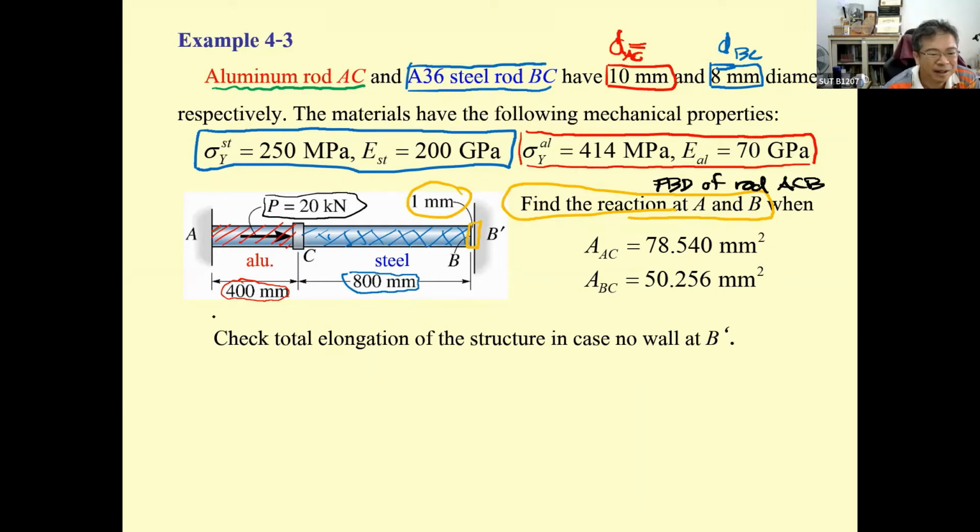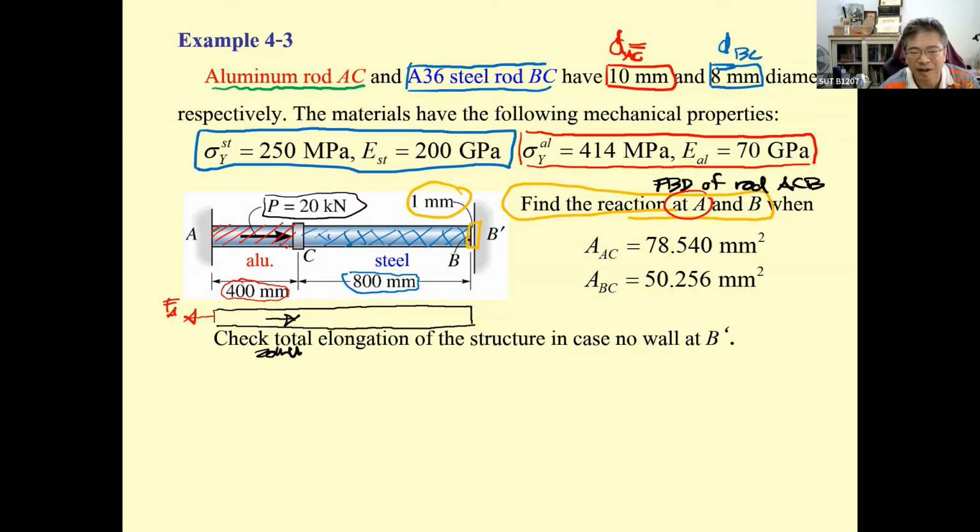Why? Because if you cut all of this one and then draw the free body diagram, this force of 20 kilonewton can move freely, and it will cause this F sub A, the reaction at point A. How about this? If this end doesn't touch the B wall, there is no force.